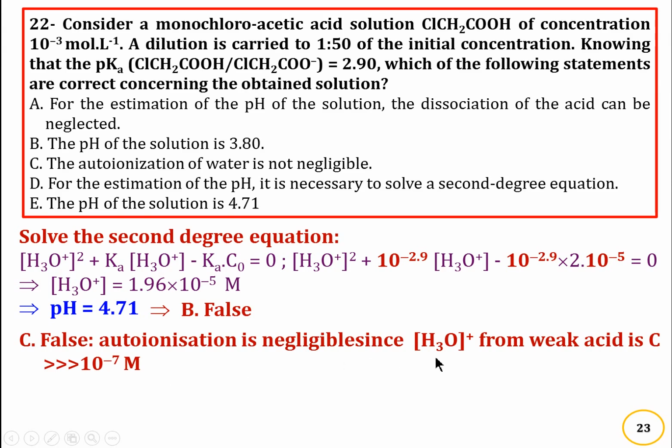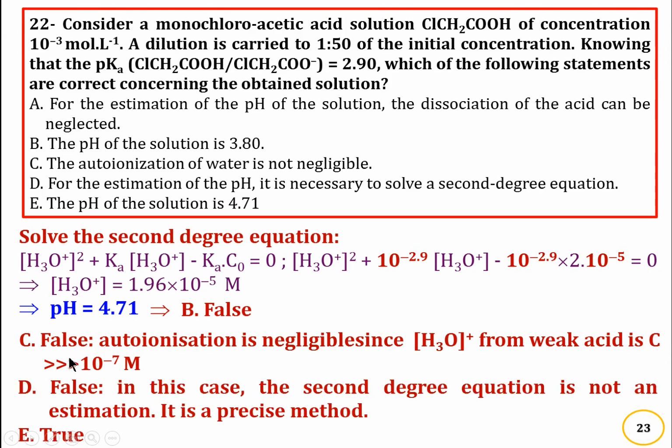So in this case, H3O+ in the solution is only equal to H3O+ from the dissociation of the weak acid, and the autoionization is neglected, so C is false.